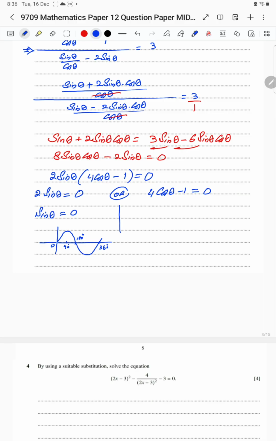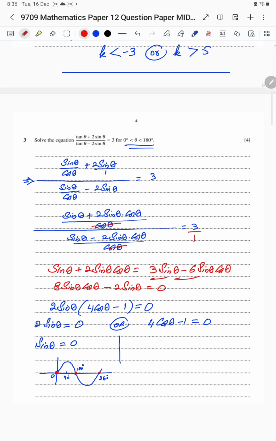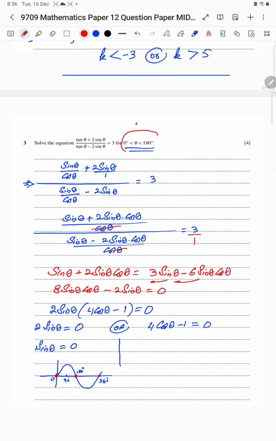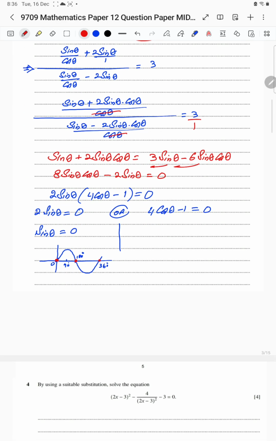It can be 0 at 0 degrees, 180 degrees or 360 degrees. But the given domain lies between 0 and 180 degrees, so that is not part of the solution.